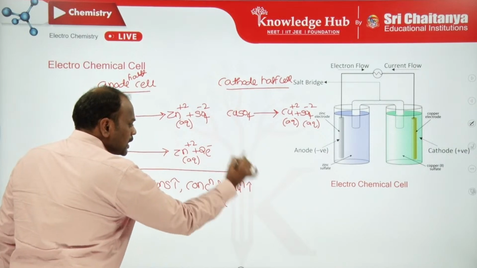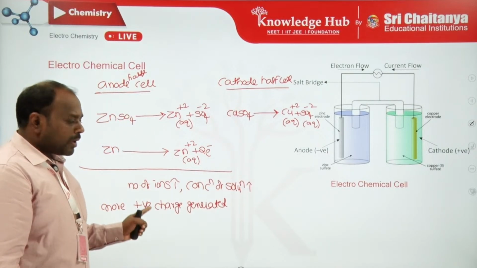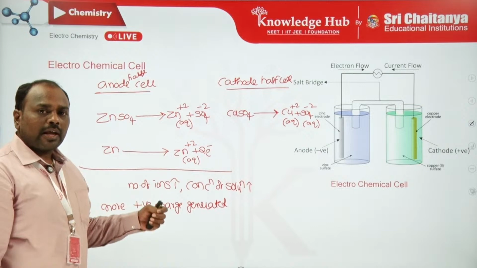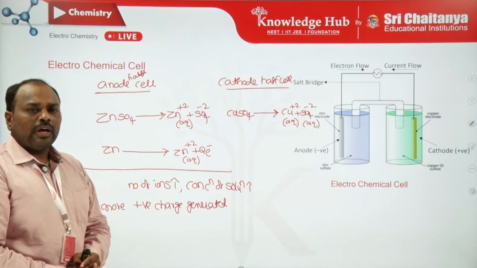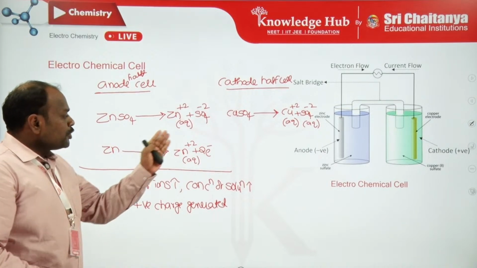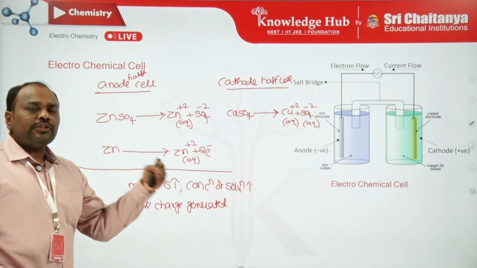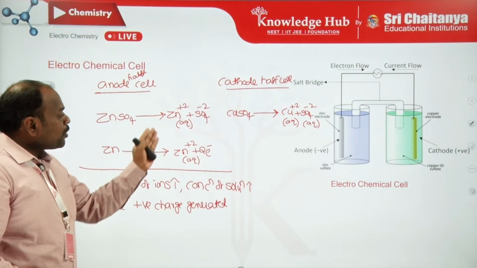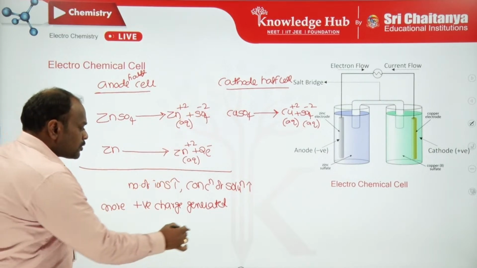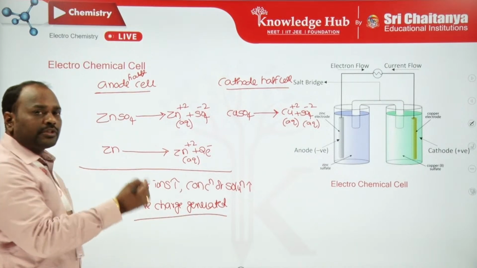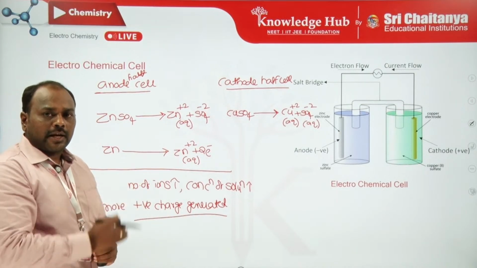If the number of ions increases, the concentration of the solution also increases. Which ions are increasing? More positive charged ions are increasing compared to negative charge. So that means more positive charge is generated on the left side.